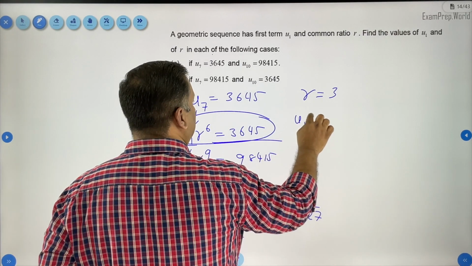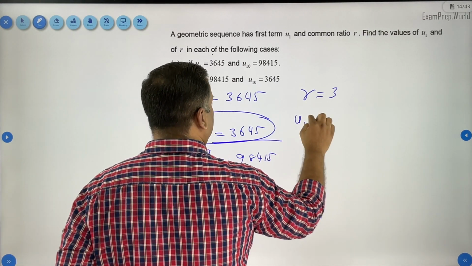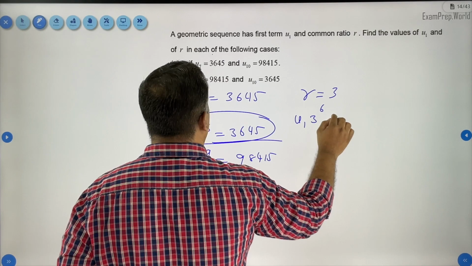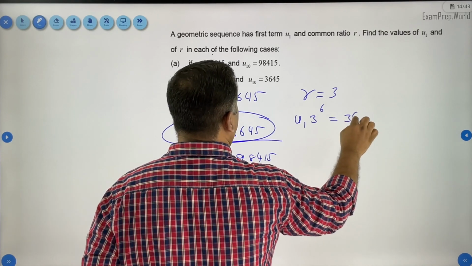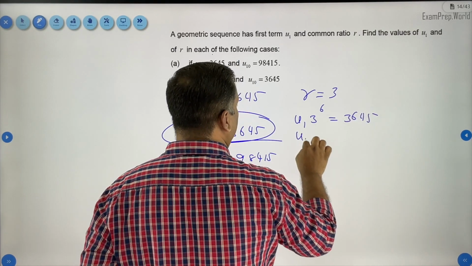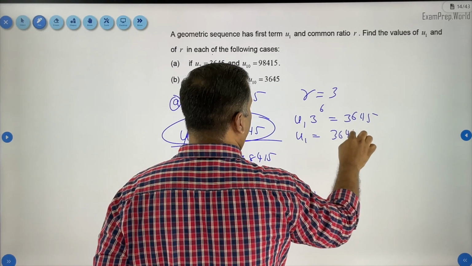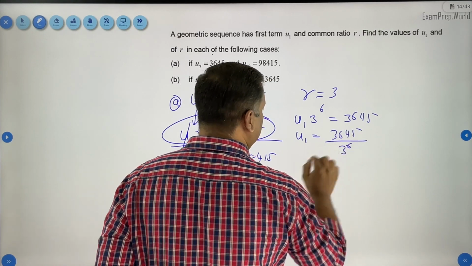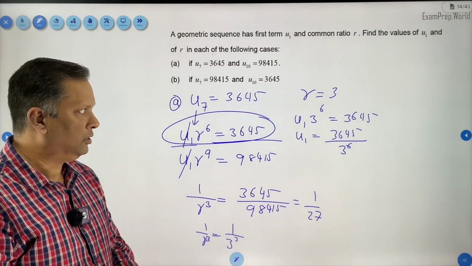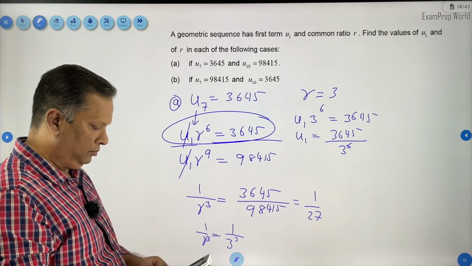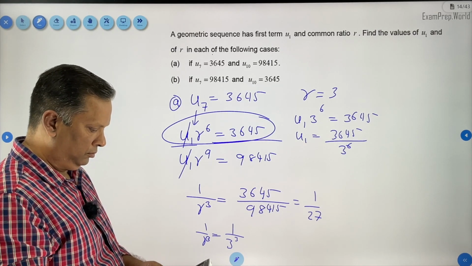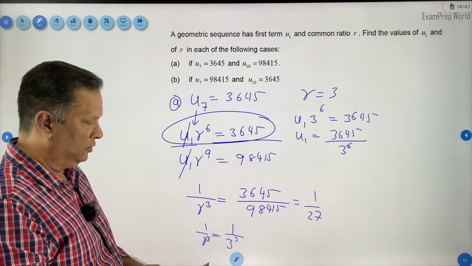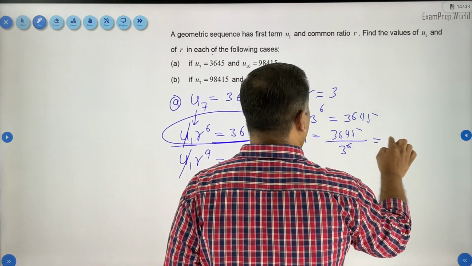So u1 r to the 6, that is u1 times 3 to power 6, is 3645. Therefore, u1 will be 3645 divided by 3 to power 6. And calculate. We get a number 5.